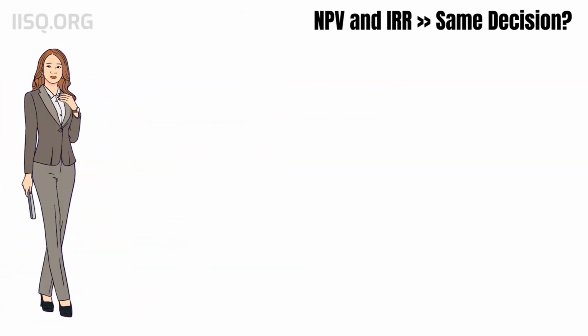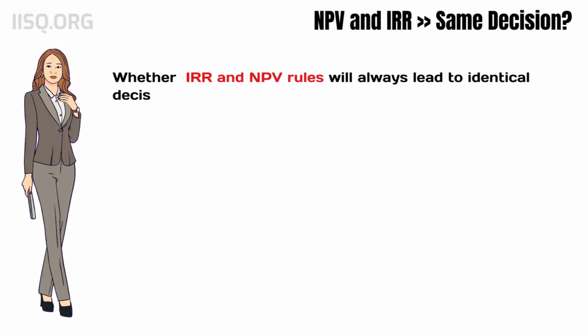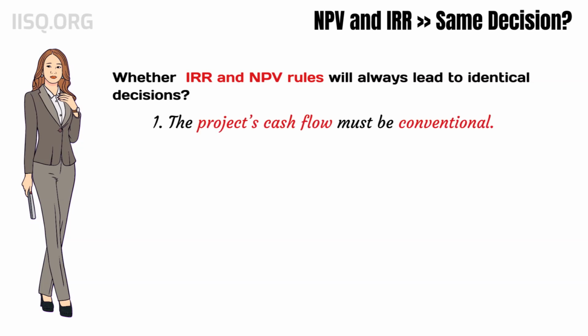At this point we may wonder whether IRR and NPV rules will always lead to identical decisions. Here the answer is yes, if two very important conditions are met. These are: first, the project's cash flow must be conventional.